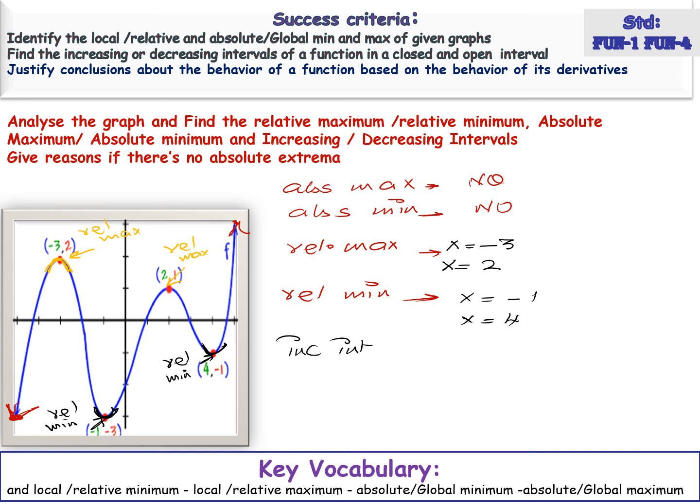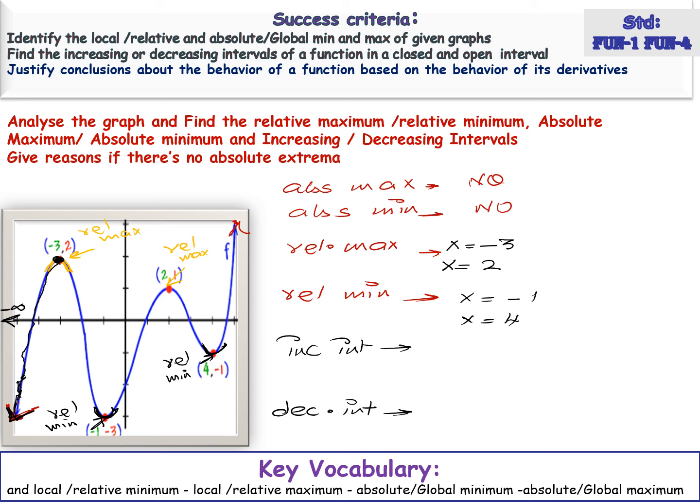Now we have the increasing intervals and the decreasing intervals. Whenever we talk about the intervals, it means you have to write only the x values. Increasing intervals are where the graph is increasing. So you can say from the beginning, the graph is increasing till where you have the relative maximum. Here the arrow means that the graph is ongoing from the x side also, so you have minus infinity on that side.